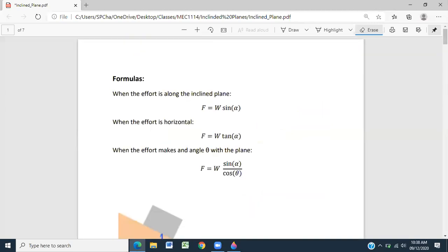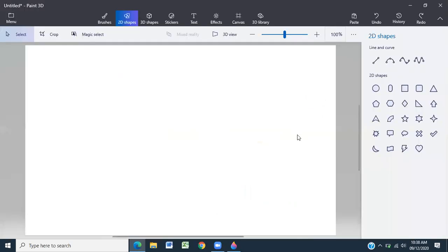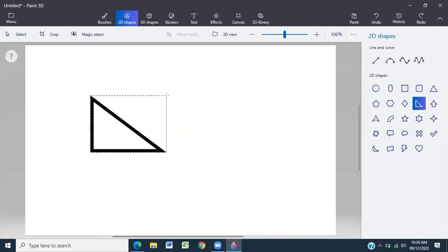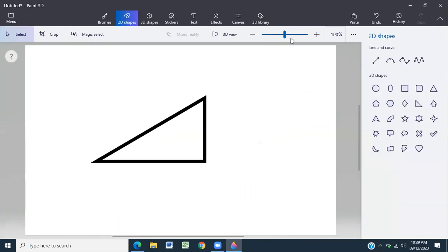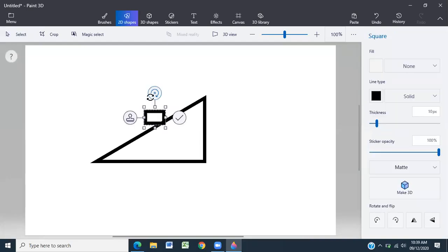So let me just explore that in Paint. So again, our inclined plane. We have some object resting on the inclined plane.